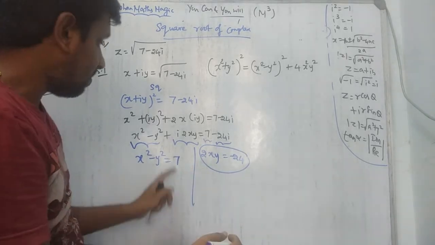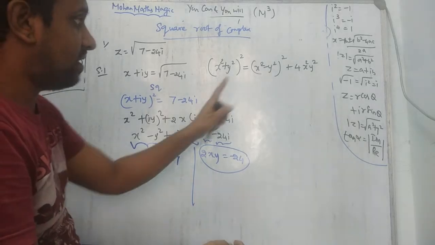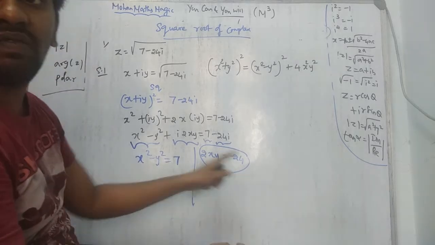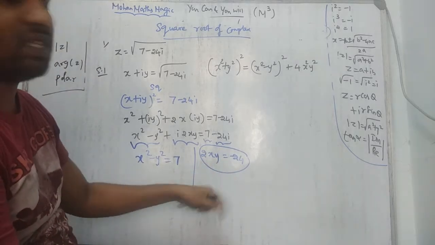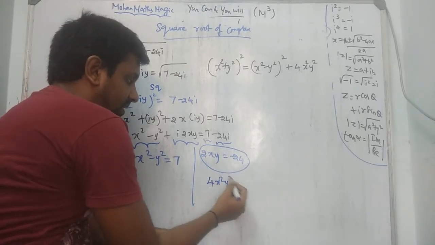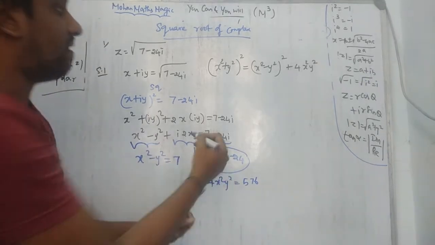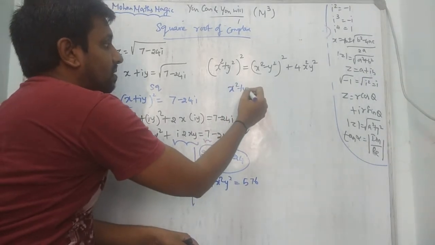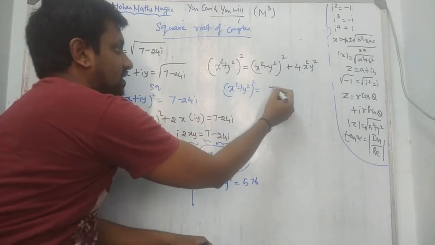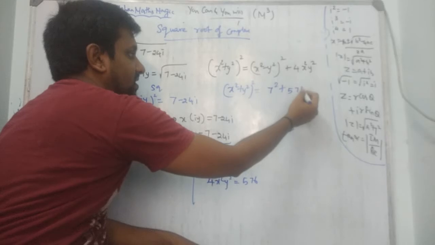In place of x square minus y square, put 7. In place of 4x square y square, square 24, which gives 576.